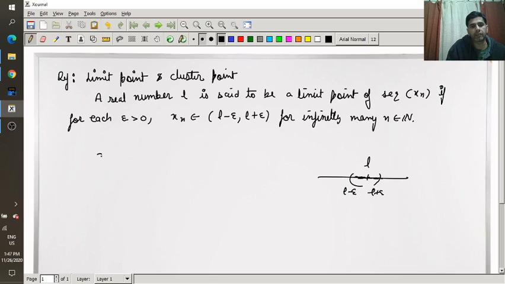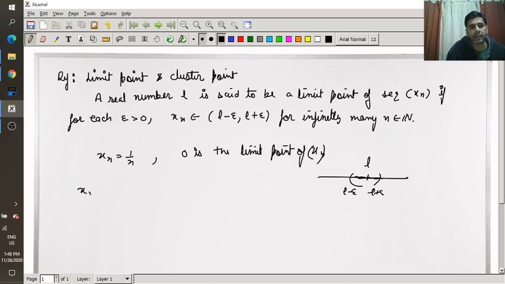For example, if I take xn equals 1 by n, then obviously 0 is the limit point of xn. One thing I want to make clear is that we are talking about number of terms. We are not talking about elements or numbers around L.